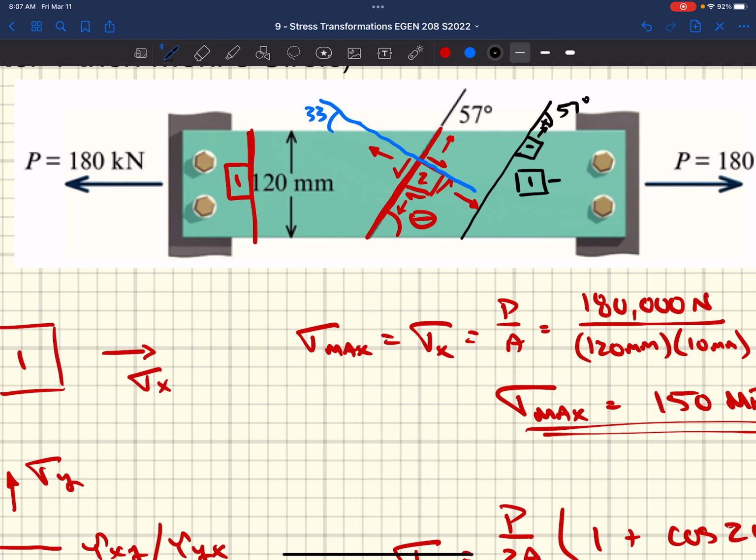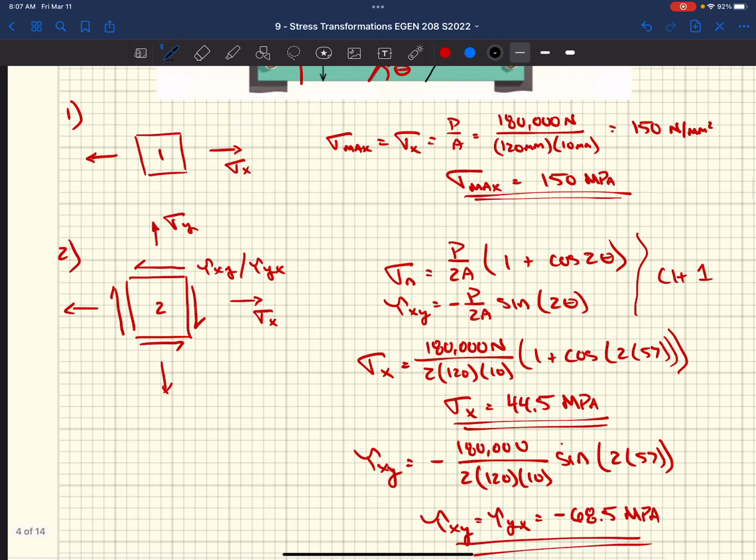So that was our x face, and now this is our x face. We're just going to rotate it counterclockwise, and figure out what's going on that surface at 57 degrees.